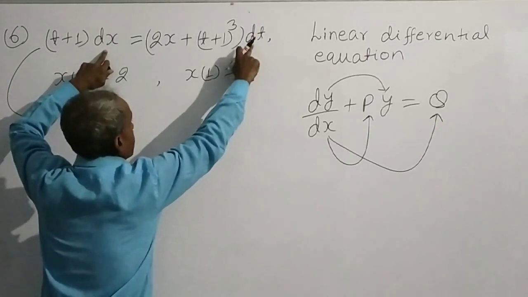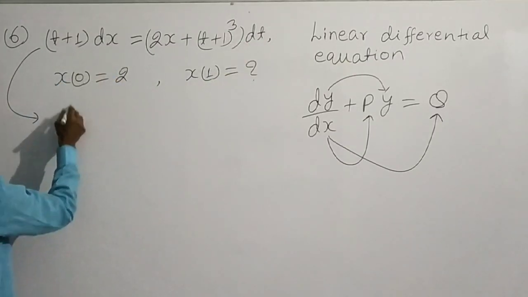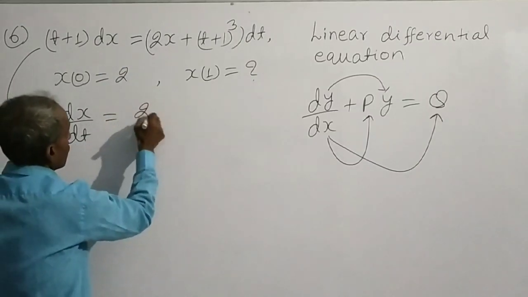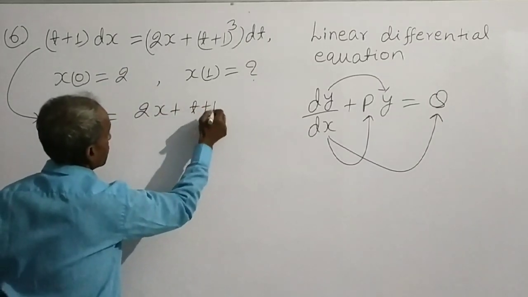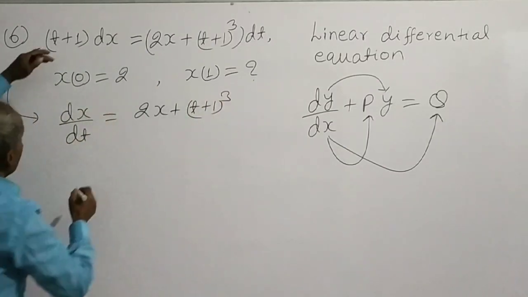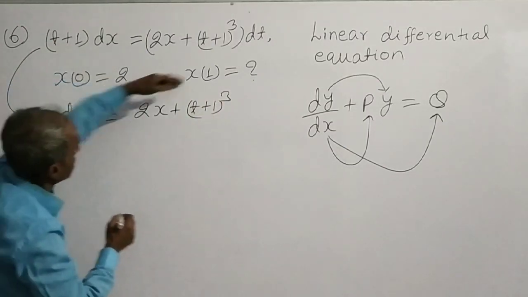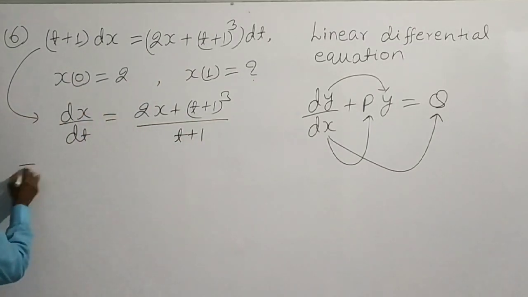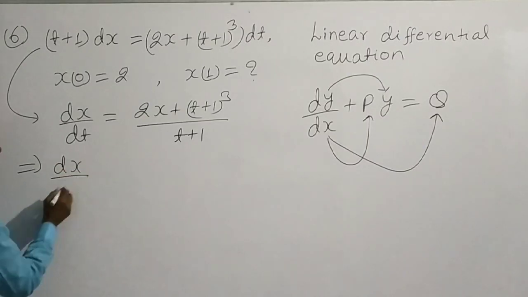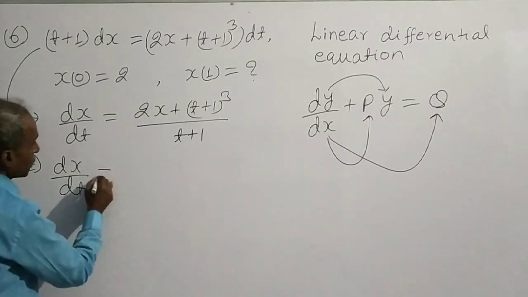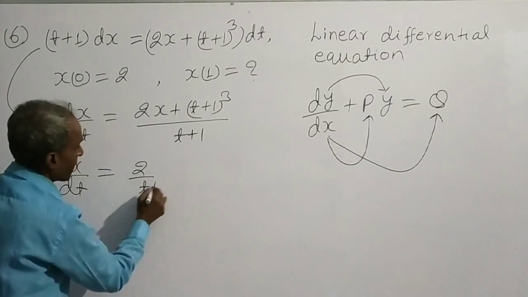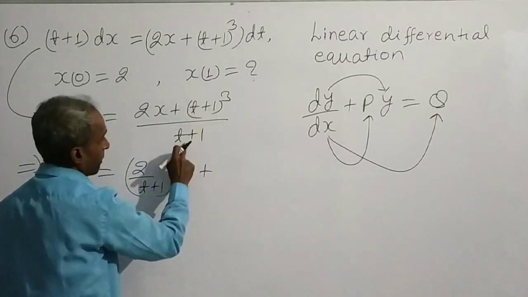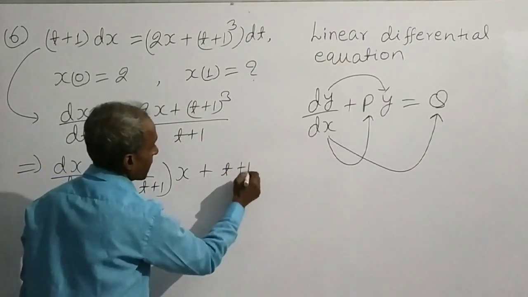We bring this dt on the left hand side. Then here will be dx by dt is equal to 2x plus t plus 1 cube, and we shift this t plus 1 on the right hand side. This implies dx by dt is equal to 2 by t plus 1 x plus this divided by t plus 1 square.